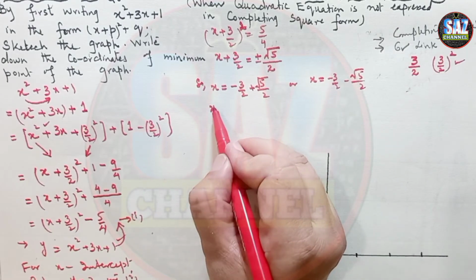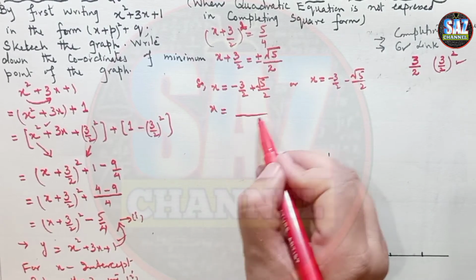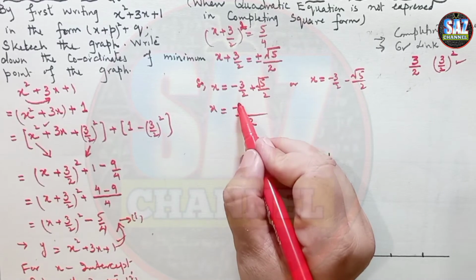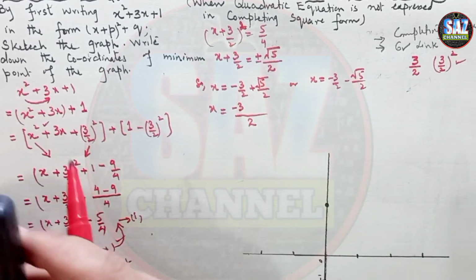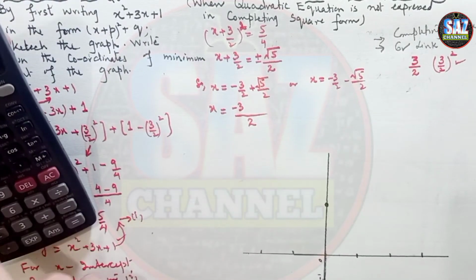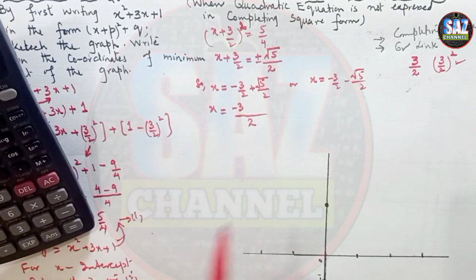Now I'm taking the LCM and using the value of root 5, which is 2.236, in the same step.